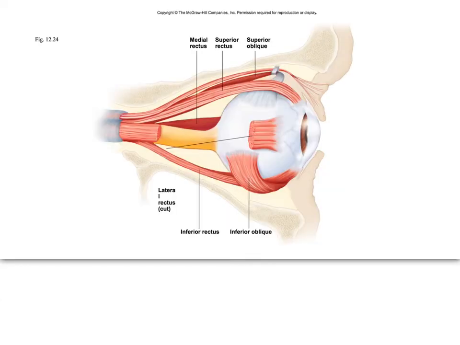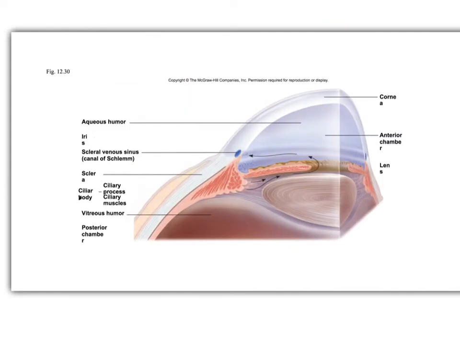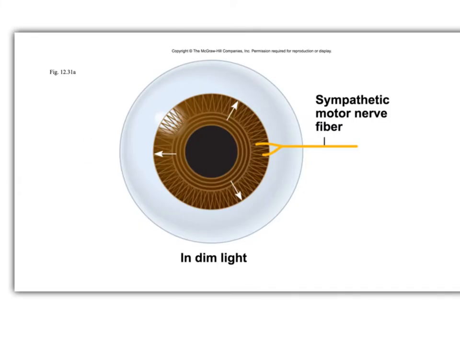And here's another view showing the sclera on the outside of the eye, and a really great view of the cornea at the front, and then you can see the iris in there as well. One of the functions of the iris that we mentioned, which is on the middle layer, it's on the anterior portion of the choroid coat.